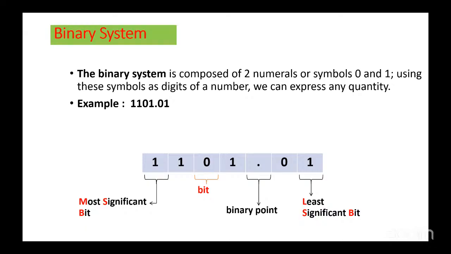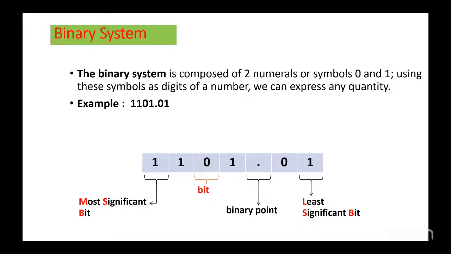That is not suitable for this system. If you read like that, it may be considered a decimal number. So in binary, you read or express it like a quantity: one means one, zero means zero. Okay. So 1101.01, like that.